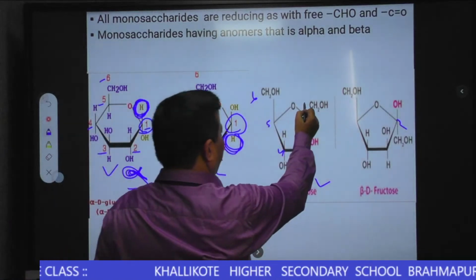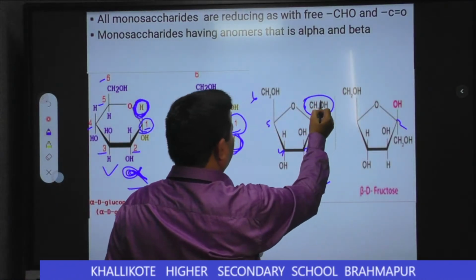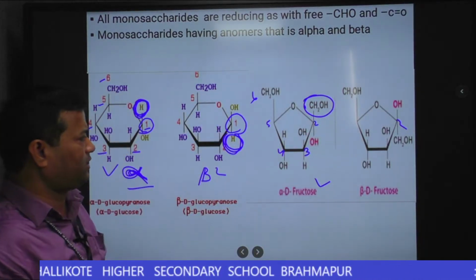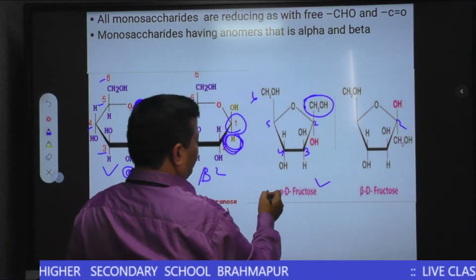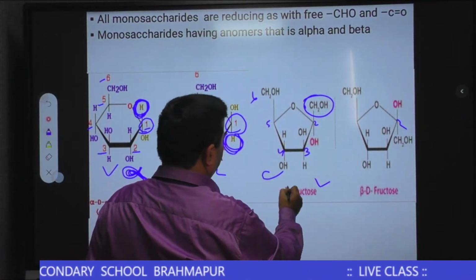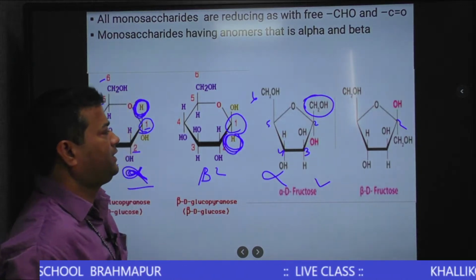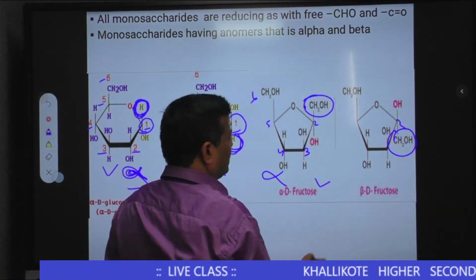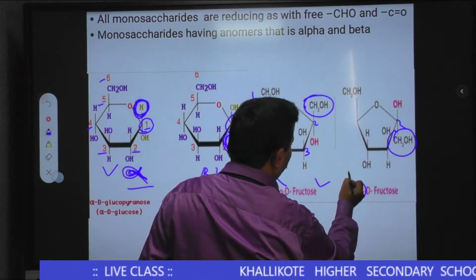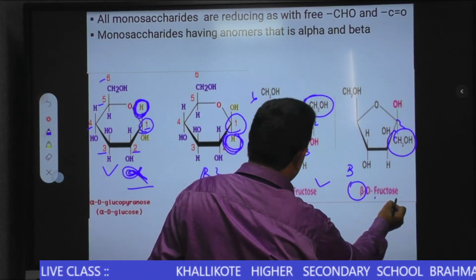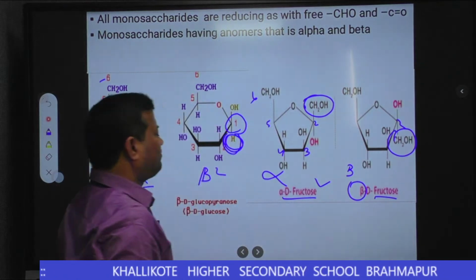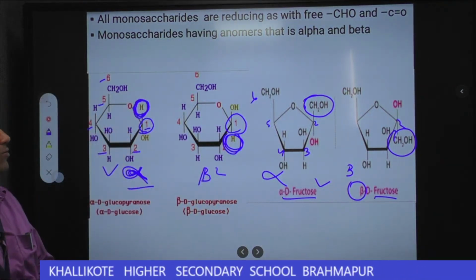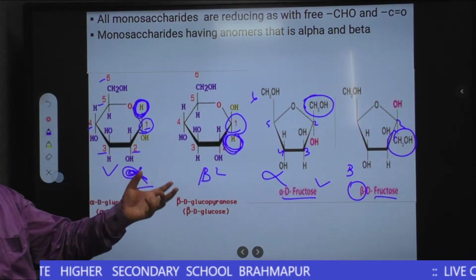Suppose CH2OH is located at the above position, the anomer form is alpha. If the CH2OH is located below, the anomer form is beta. That is beta fructose, that is alpha fructose. You can distinguish between alpha form and beta form.